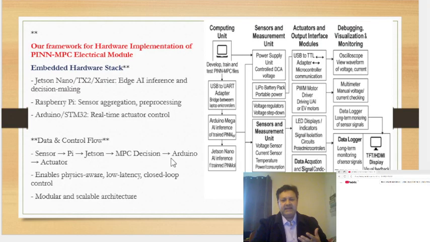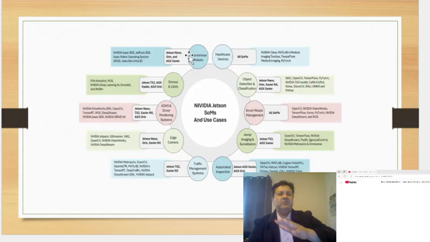It is used for aerial imaging, smart systems, detection, autonomous robotics, drones and UAVs. It is being used for edge cameras, traffic management systems, and automated inspection. I mean, this is like all in one. There are some others as well, but I chose this, and I'll be doing some prototype on this in future.